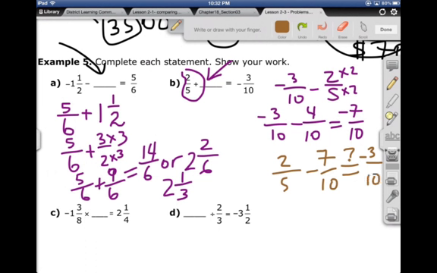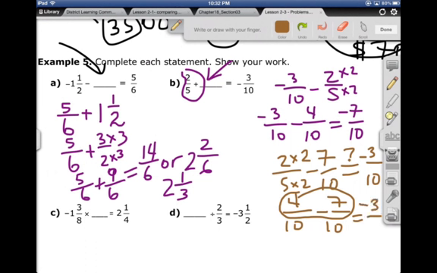Probably does. As soon as we adjust this, we get 4 out of 10 decreased by 7 out of 10. 4 minus 7 would give us negative 3 out of 10. So our opposite approach works.